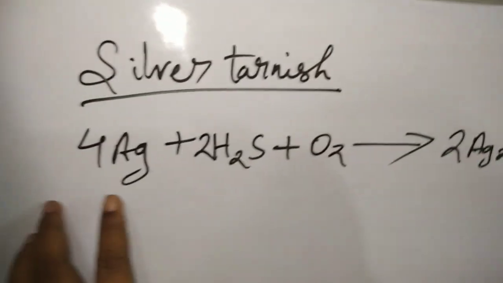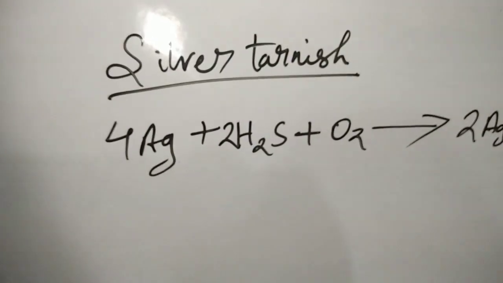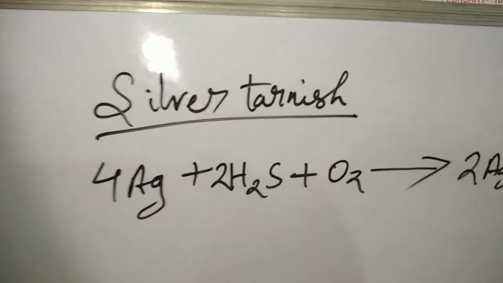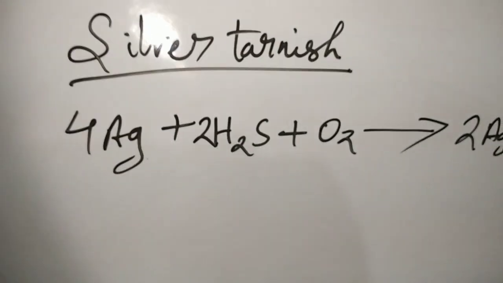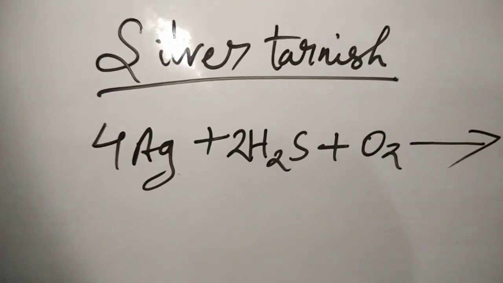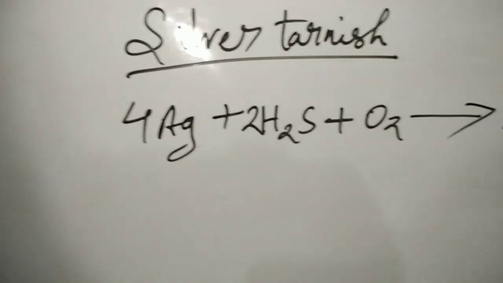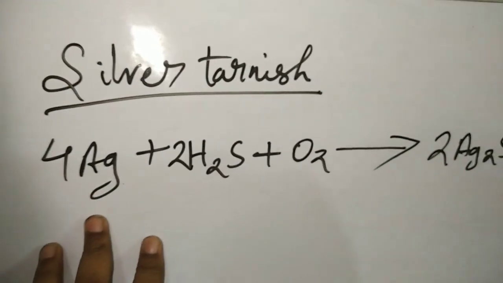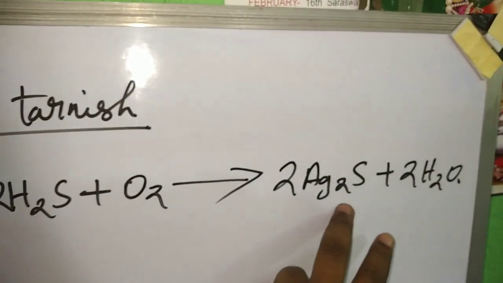See, it is the black color compound. Ag2S is in black color. We see that if we keep the silver open in an open area, after few days or months, we'll see that the silver is changing into black color. It is nothing but forming Ag2S.